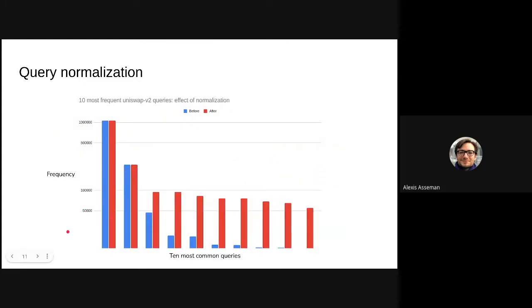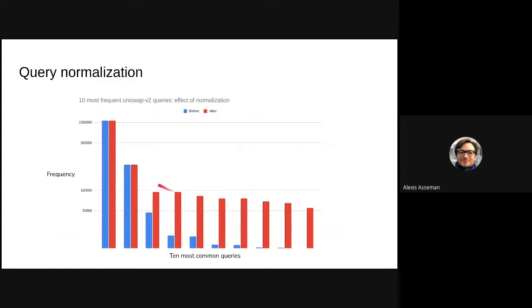So first, just to justify why we're doing all those things. Here we have two histograms laid on each other, and we're showing the 10 most frequent query skeletons. In blue, it's before normalization.